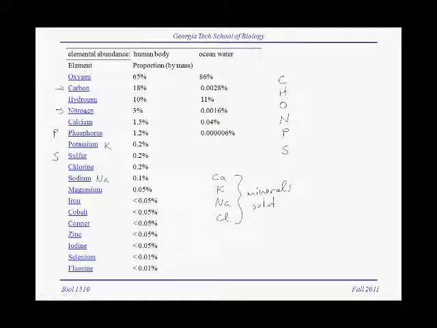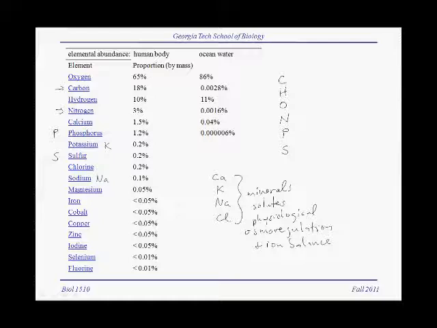Okay? And these are required for physiological osmoregulation and ion balance. But they're inorganic and they can be found in lots of other places.